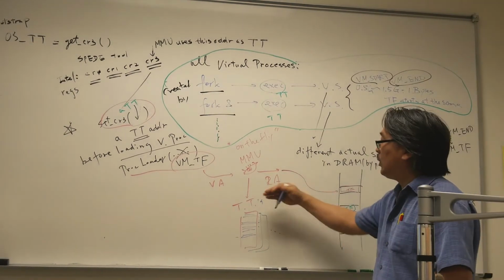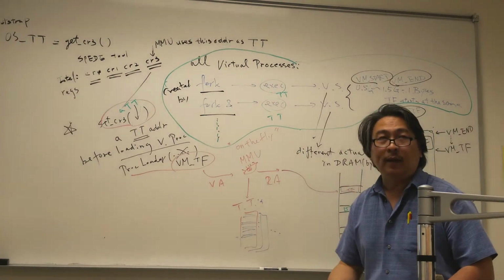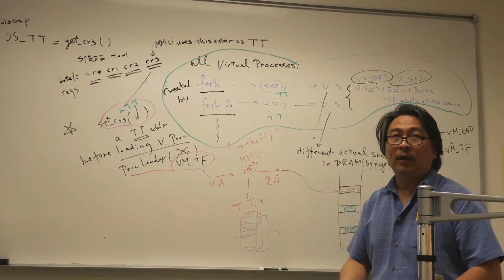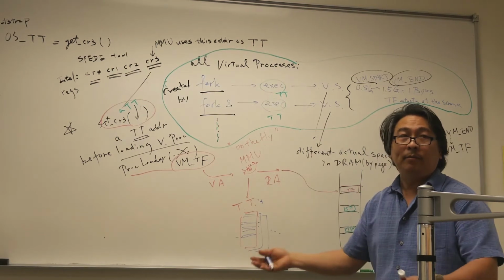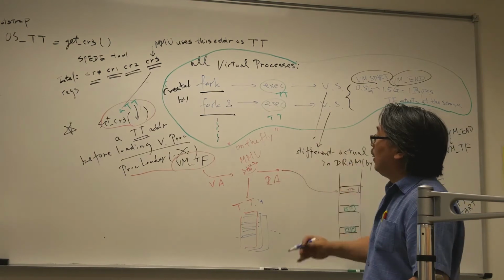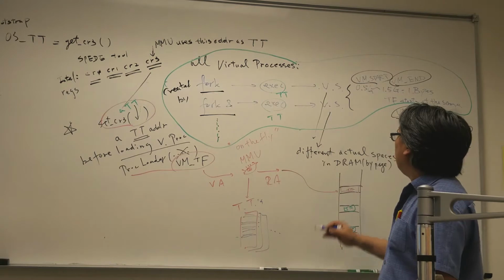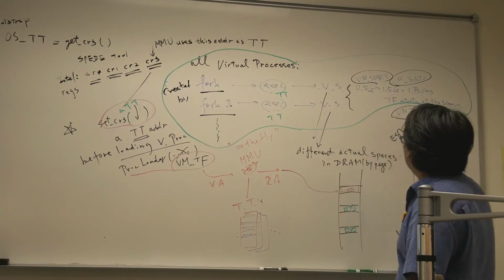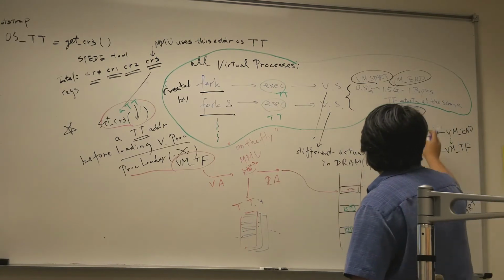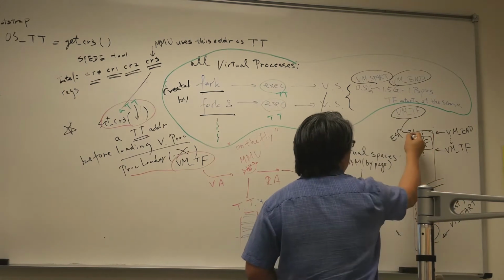The tables are also outside of the reach of the virtual running processes. So your processes, your program code, cannot access them, change them, or alter them. Okay, they are only created during the exec and then used by the MAU only. And the virtual space mapping is the running space of each process, and they cannot access the kernel space.